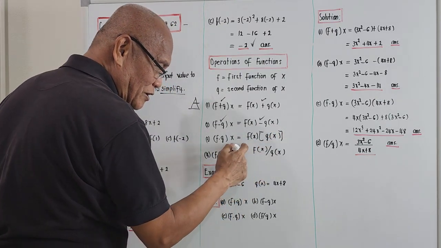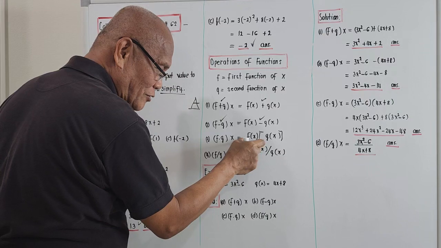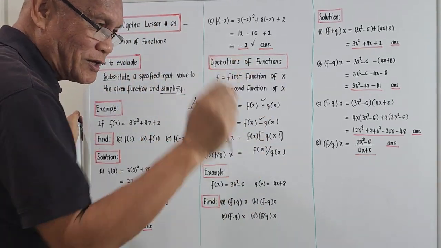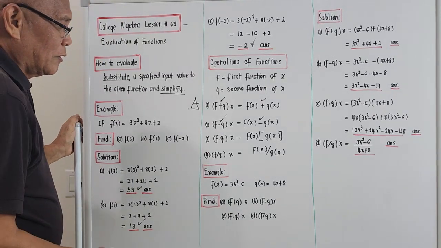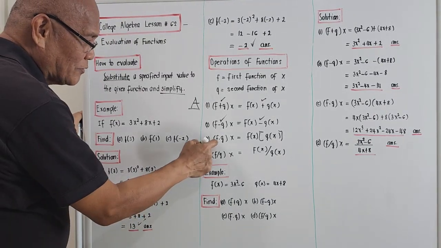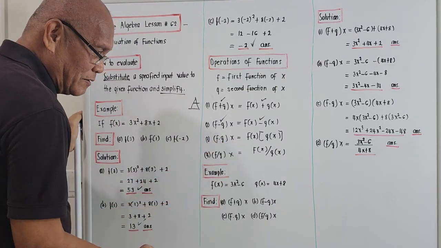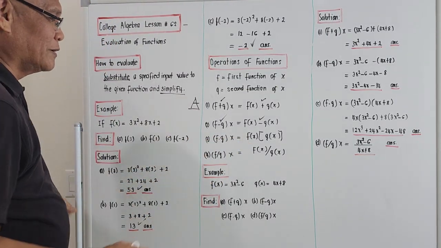So it is understood that we are multiplying function of x to g of x, if you don't want to use the dot.